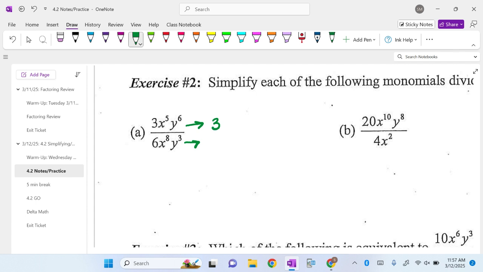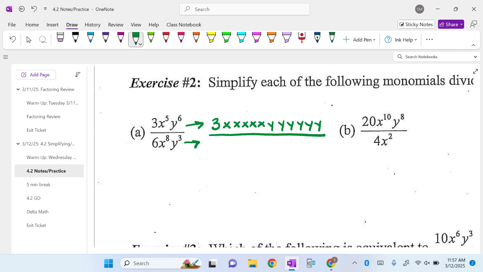How many x's do I have in x to the 5th? 5, so I'm going to write 5 x's. How many y's do I have in y to the 6th? 6. Now, the reason I'm doing this, and you'll see in just a second, is it'll make it a little bit easier to see. Now, how can I rewrite 6 into 2 factors?